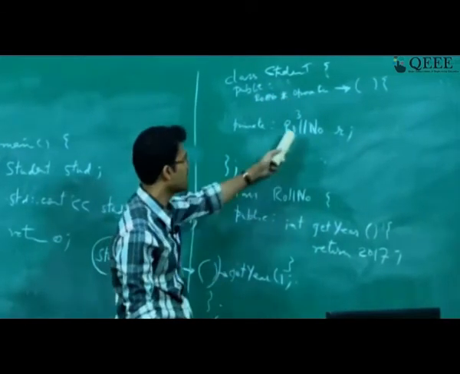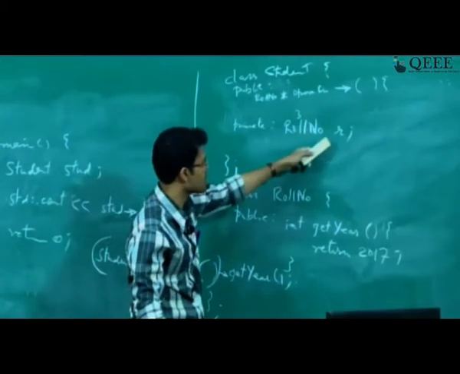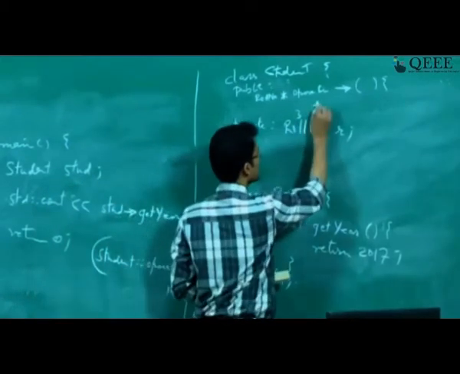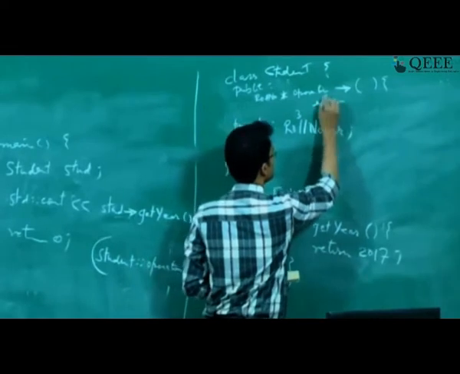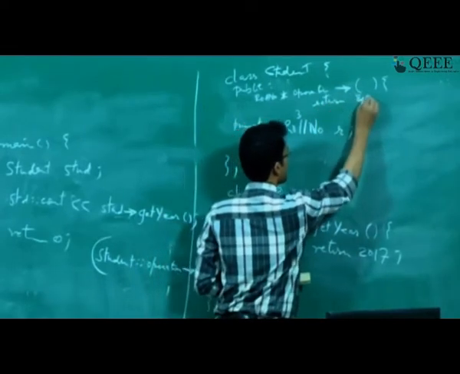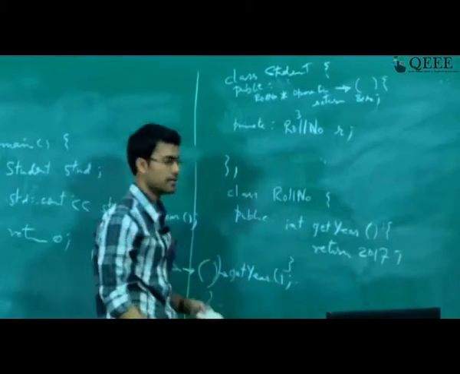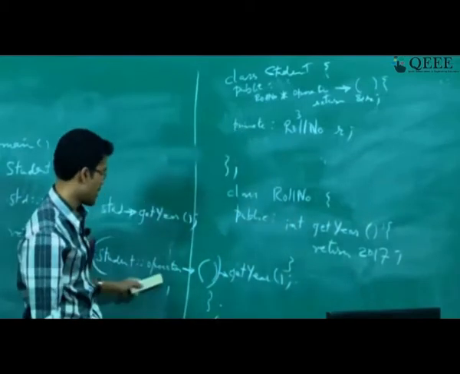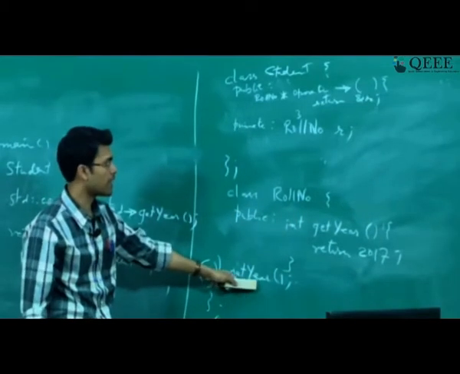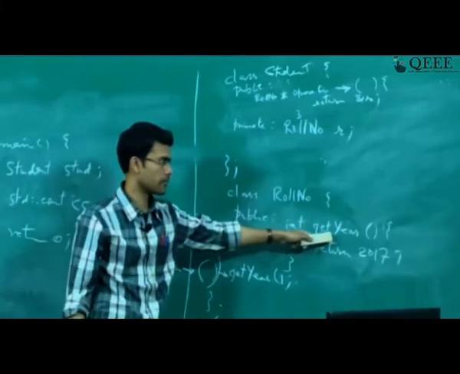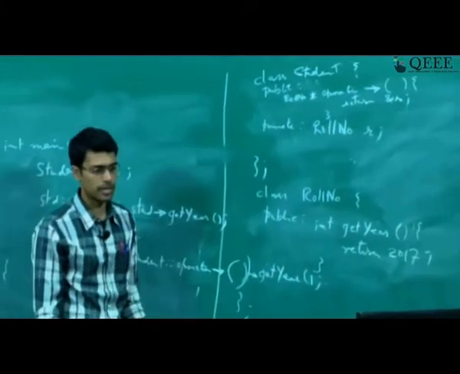And how will it return roll number star? What it needs to return is ampersand of R, which is the address of R, and then only it will become a pointer to R, and therefore you will be able to apply get here on that roll number, because that is defined for the roll number class, right.